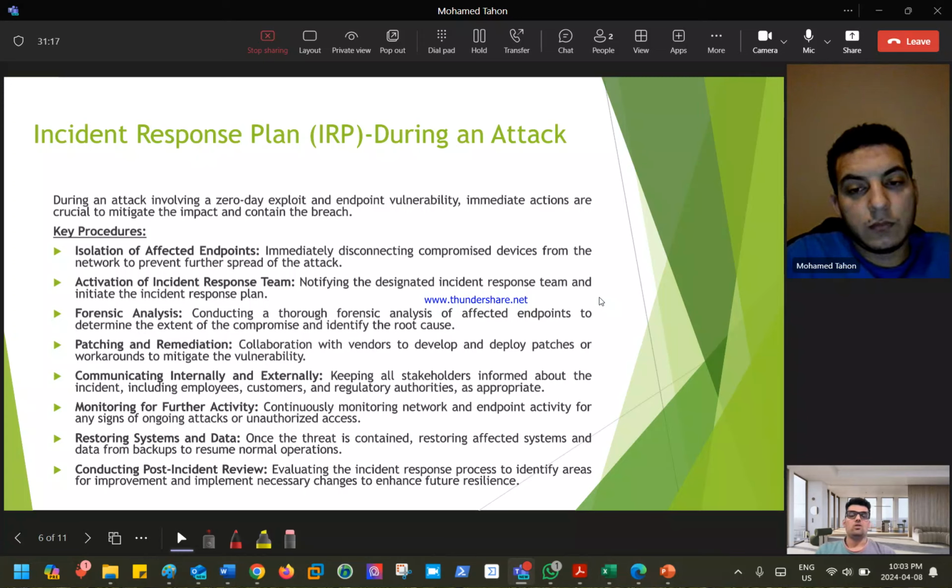Also, we have to monitor our systems for further activity to see that we are safe from this kind of attack.